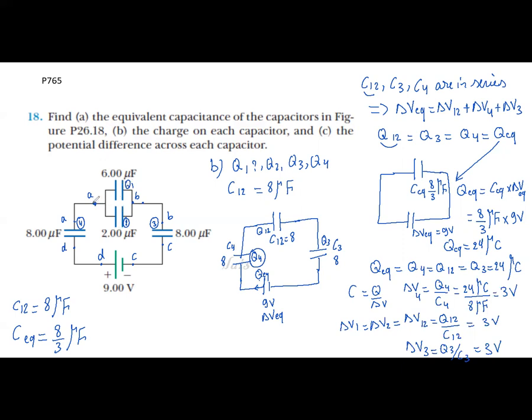Delta V1 equals delta VAB, delta V2 equals delta VAB equals delta V12. Okay, this is part B. Part C, we calculated part C and part B, Q and delta V.